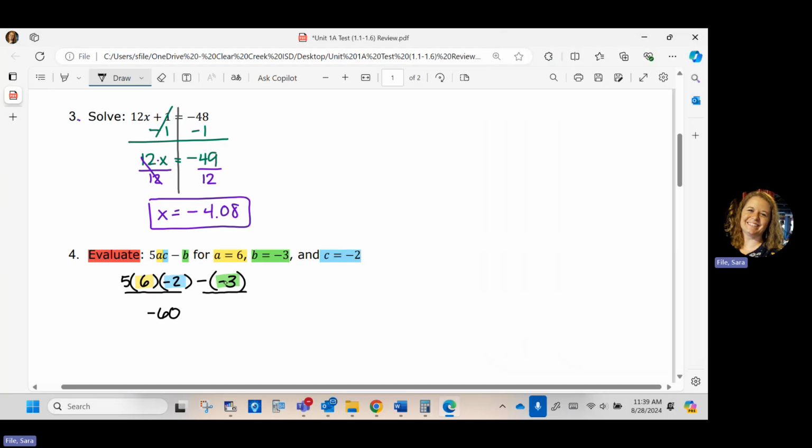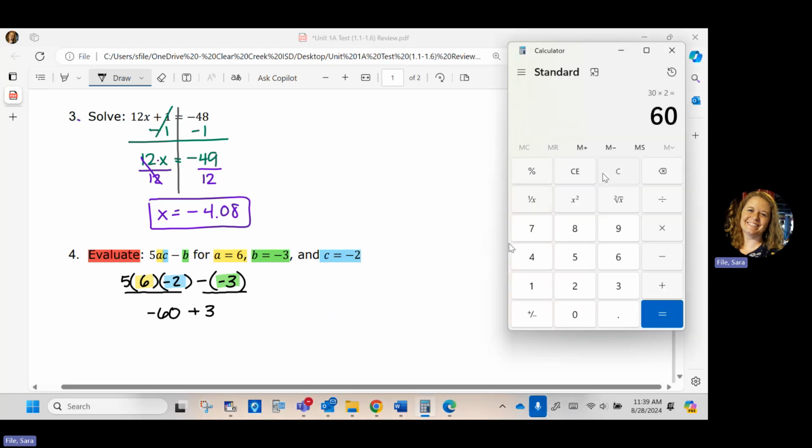And then here, a negative times a negative is going to be positive, so that's going to be +3. And then I can do -60 plus 3. I cannot type -60 in my calculator. So the 3 is positive, so I might do 3 minus 60, which is -57.